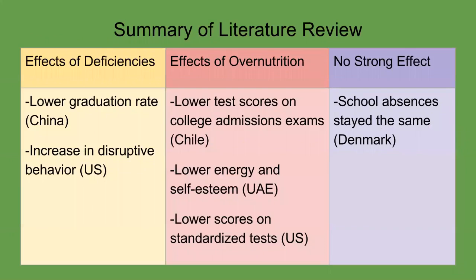Next slide, please. A lot of the studies definitely had a global focus. So while I did focus more on the US, I wanted to acknowledge what the research suggested for explaining the effects of deficiencies, overnutrition, and then if there's not really much of an effect. First, in China, a study found that as a whole, rural communities had lower graduation rates.